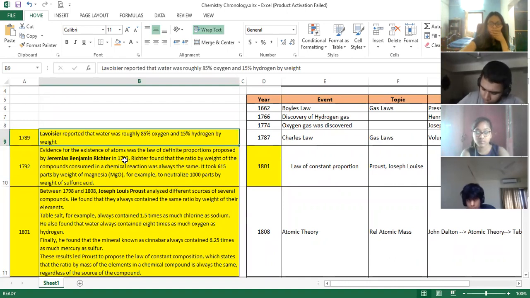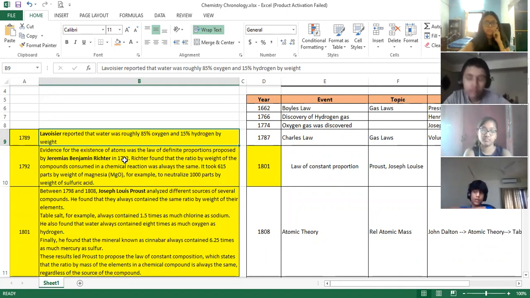What is that? Lavoisier did a chemical analysis on water. Scientists may not have known the formula for water was H2O, but they were very good at chemical analysis, and Lavoisier found out that water was 85% oxygen and 15% hydrogen by weight, or by mass. Please remember this.